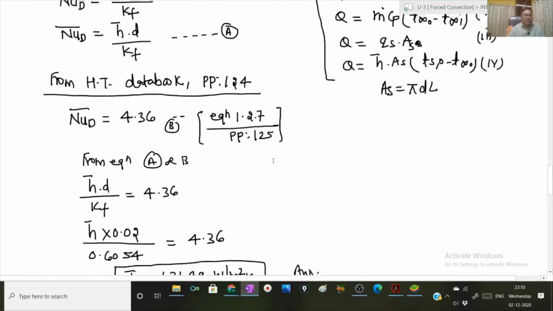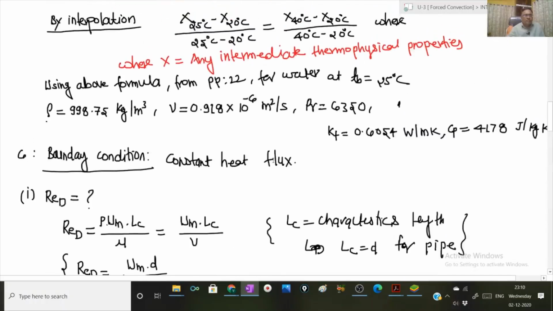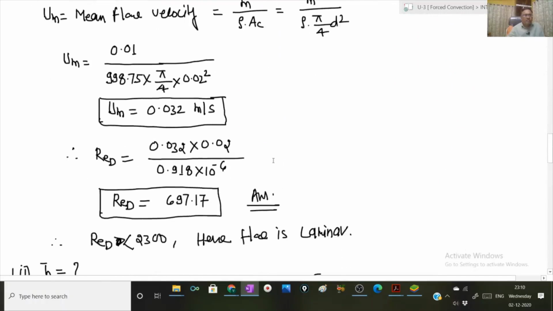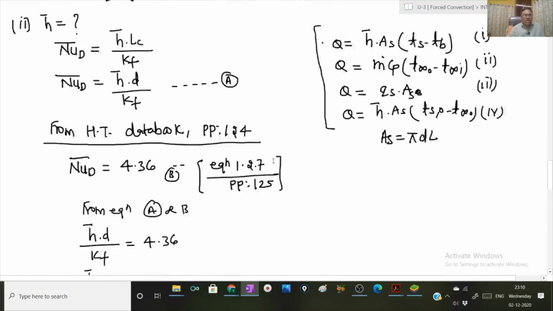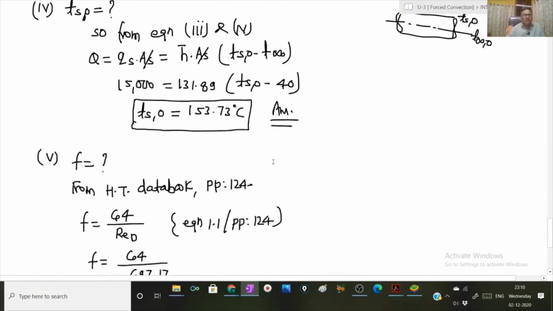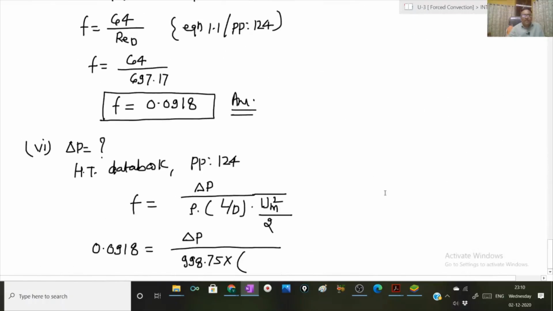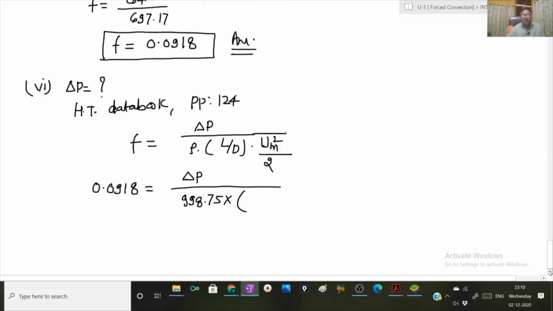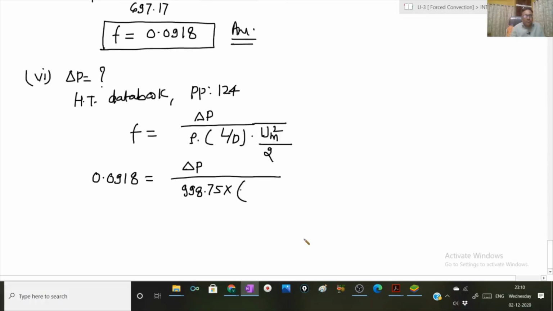Let me refer, yes, 998.75, and the value of L is 1.33 meter, diameter is 0.02 meter, and the mean flow velocity is 0.032, whole square by 2.